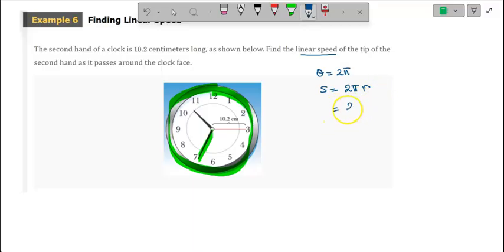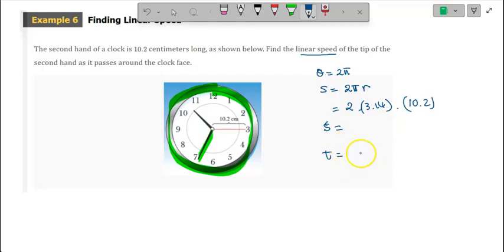So that's S. It's gonna be 2 times 3.14 times 10.2. All right, so this is S. Now the time we know is 1 hour, so the time is taken in hours, I guess, right? Or depending on what unit you want. You can put it in hours or in minutes or seconds.